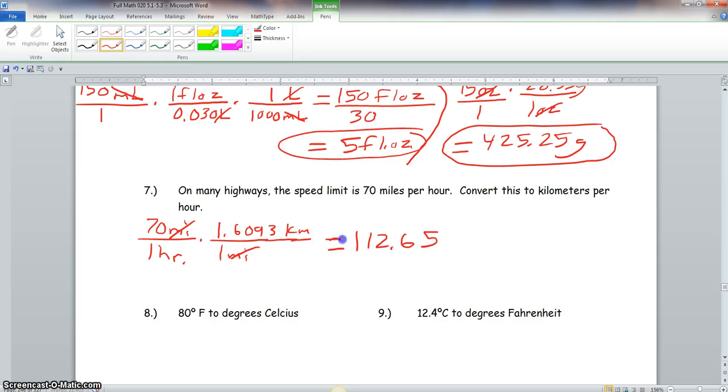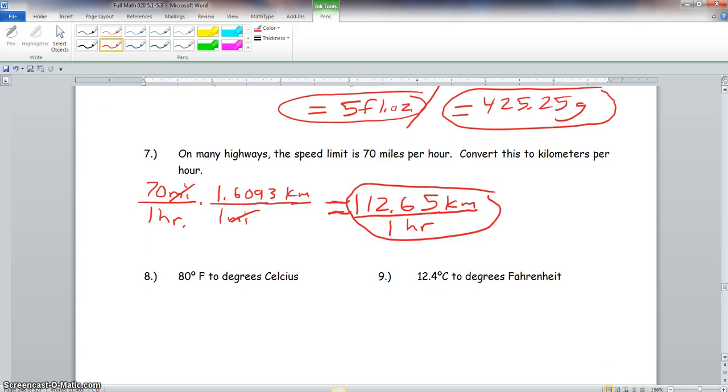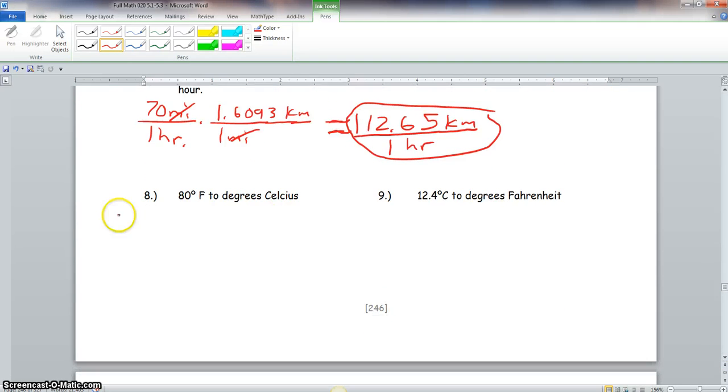So it'll be approximately 112.65 over 1 hour. So this here will be your final answer. So we have 112.65 kilometers per hour. Okay, now we scroll down here.